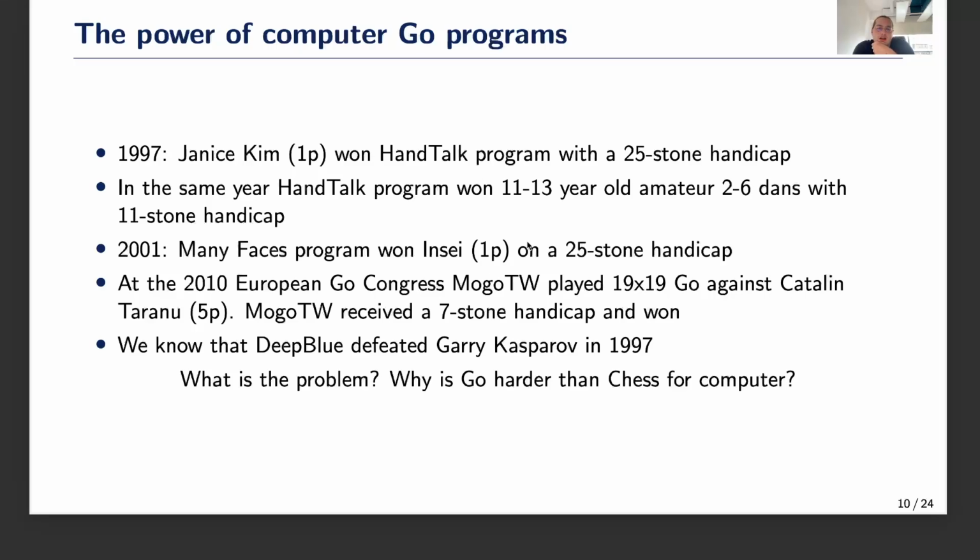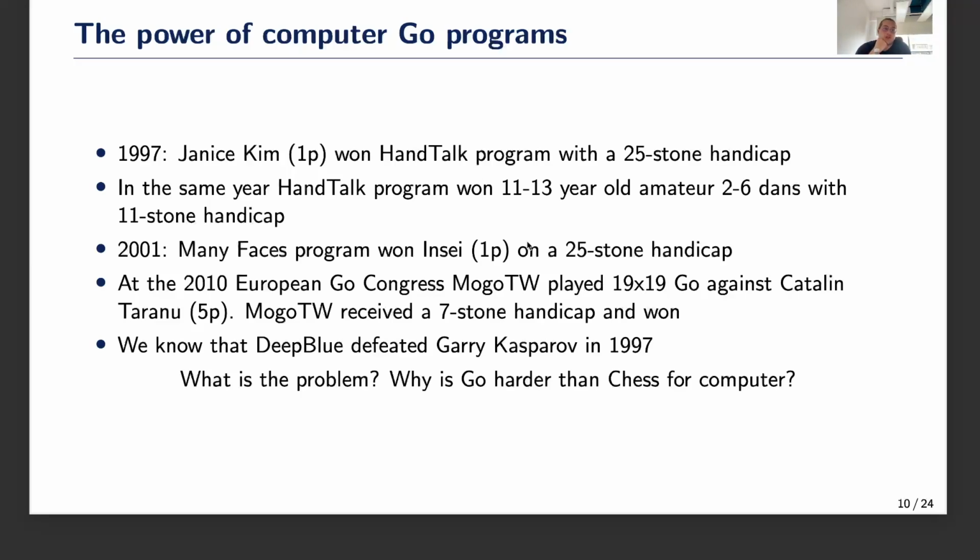MoGo TW had a 7 stone handicap and managed to win. This was a sign of real progress. So clearly something was changing, but progress was painfully slow, and even the best programs needed large handicaps to beat strong humans.